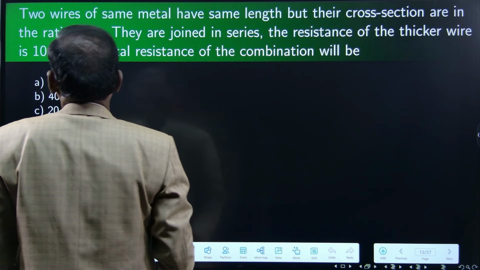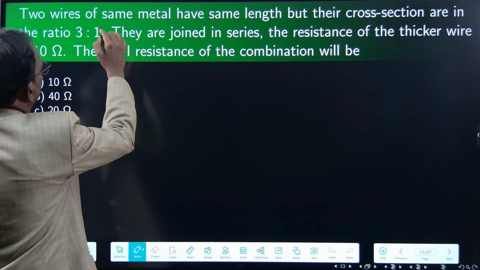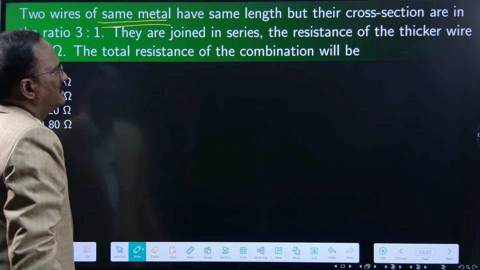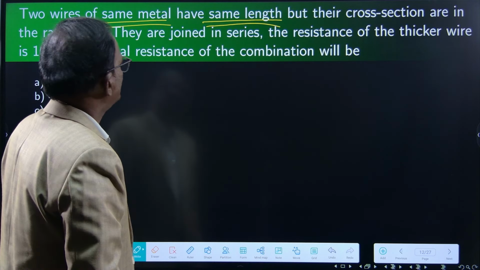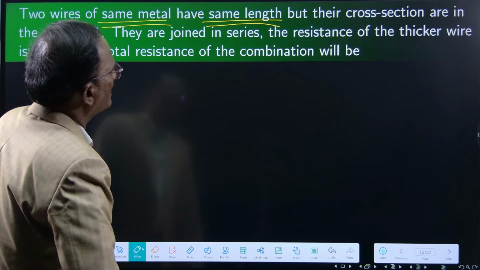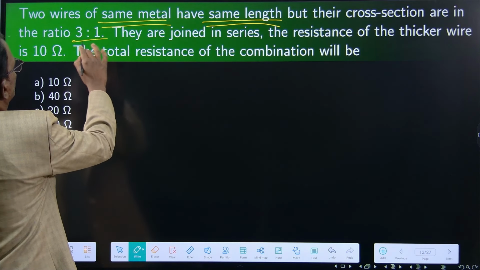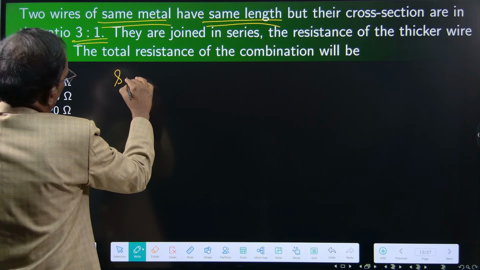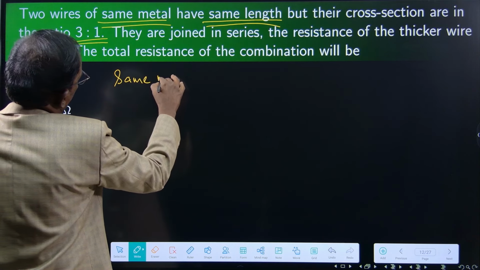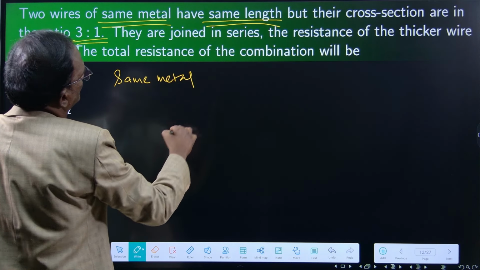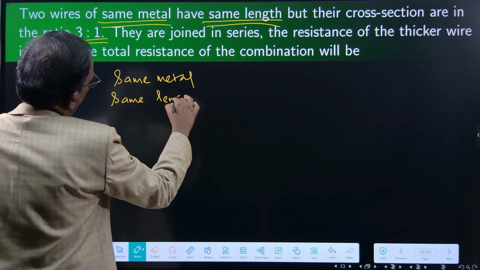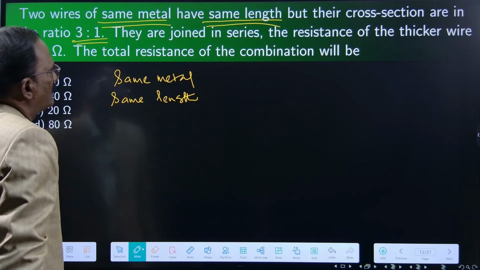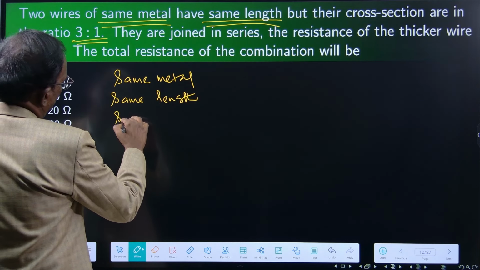Next question. 2 wires of same metal have same length, but their cross-section areas are in the ratio 3:1. Same material or metal, same length, they are in series.